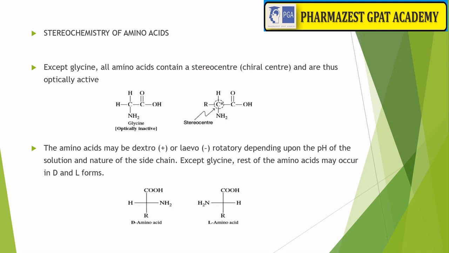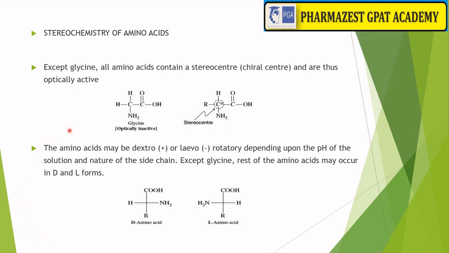A carbon attached to 4 different functional groups is known as a chiral carbon, hence optically active. A compound containing a chiral center is optically active, except glycine. Remaining all amino acids contain at least one stereo center, hence they are optically active.